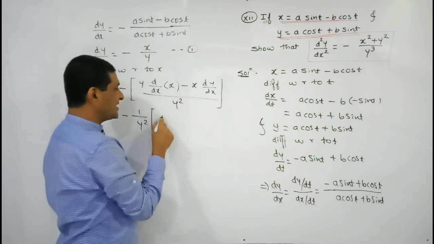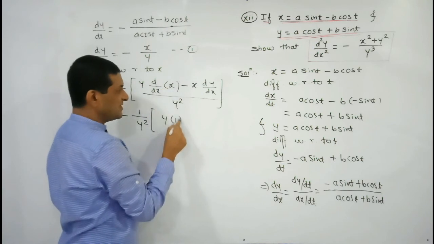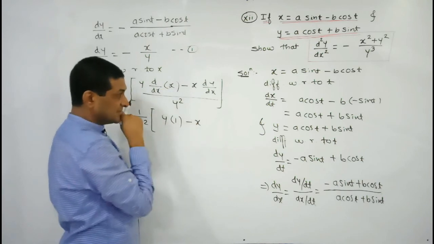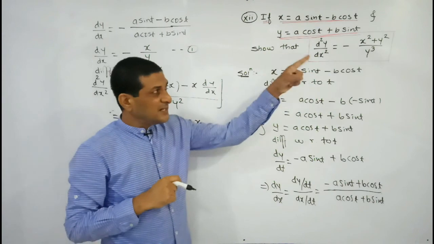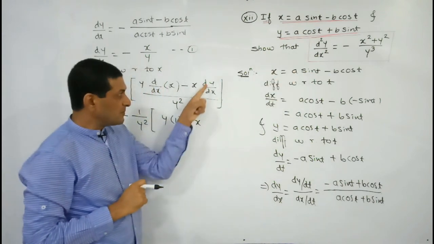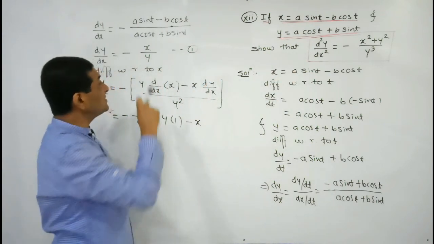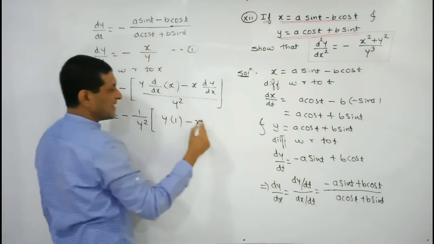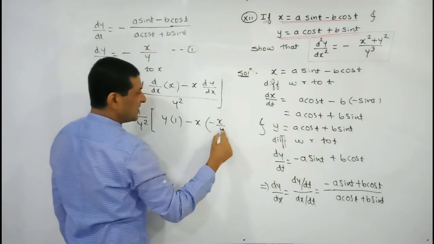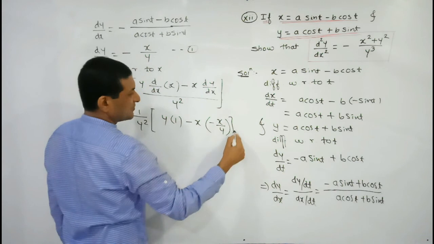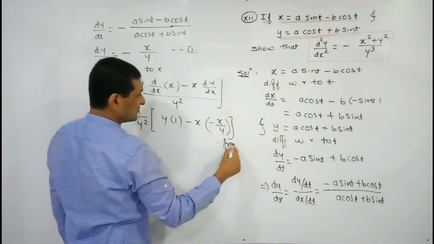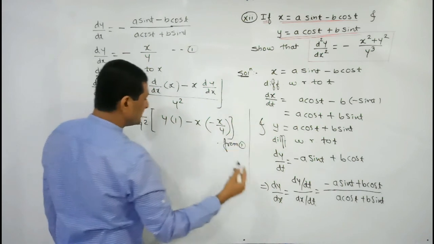So here y, keep it as it is, derivative of x is 1, minus x as it is. In our required result, dy by dx does not appear, so I am replacing dy by dx by its value. What is the value of dy by dx? Minus x by y, which we are substituting from equation number first.